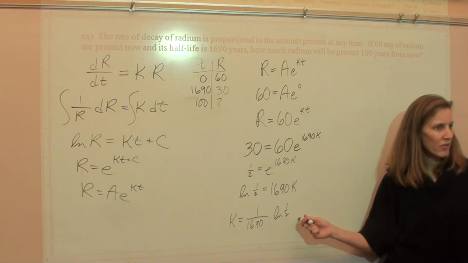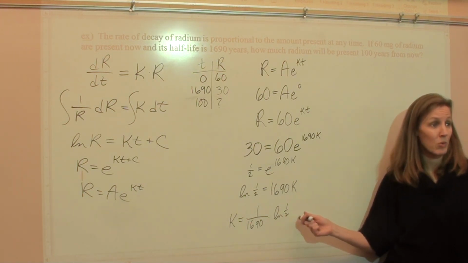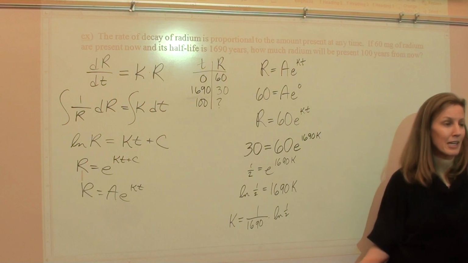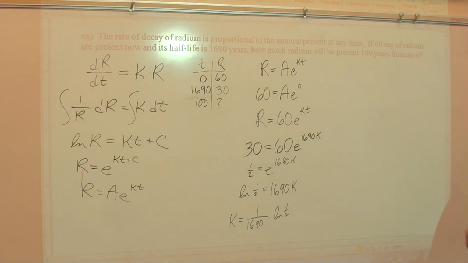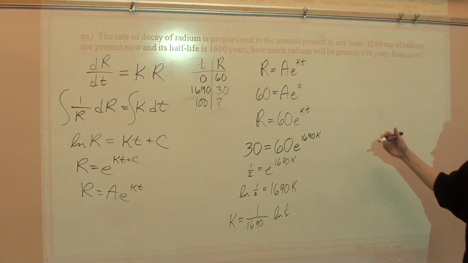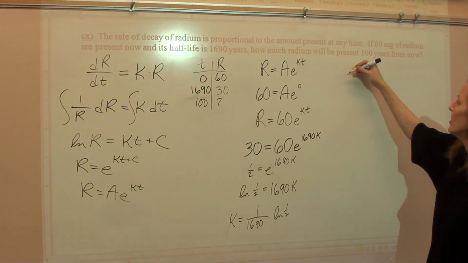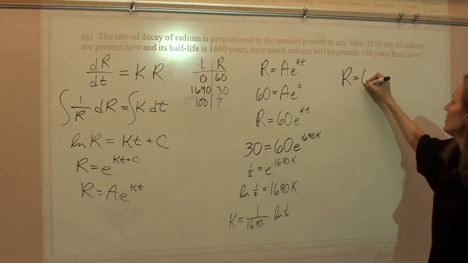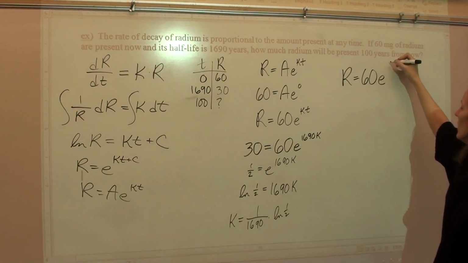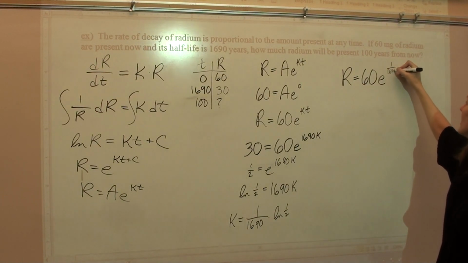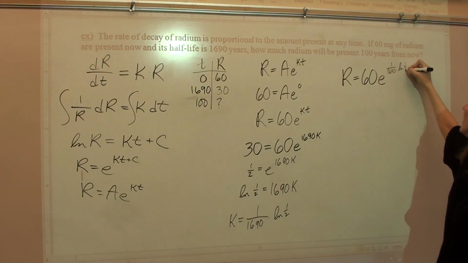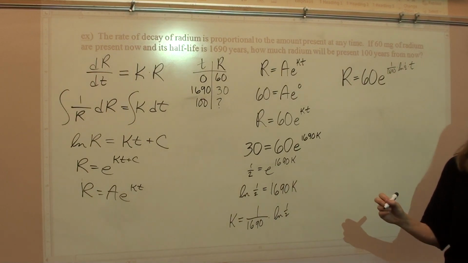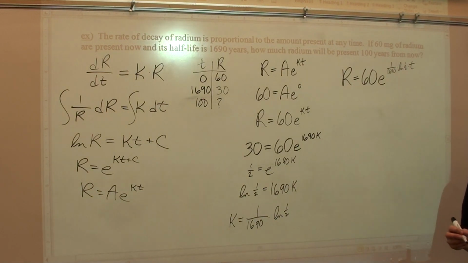You can just derive it every time, it's fine, but you'll start to see that. So our formula is R equals 60 e to the 1/1690th times ln 1/2 times t. There's our final function.